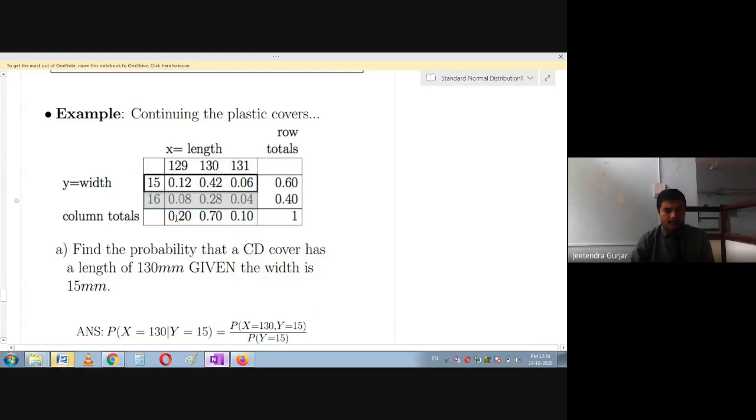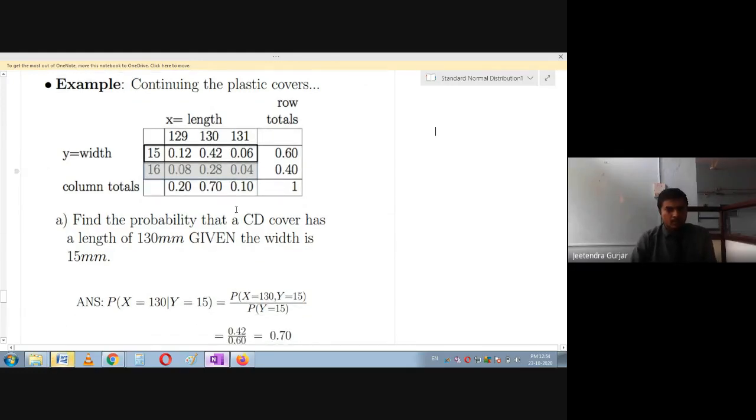If we add these terms, you get these values. The values below are the marginal distribution of x, and the values 0.6 and 0.4 are the marginal distribution of y.